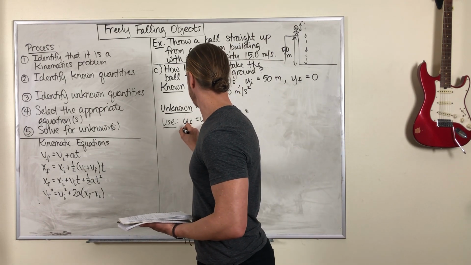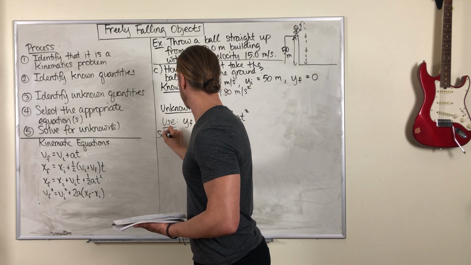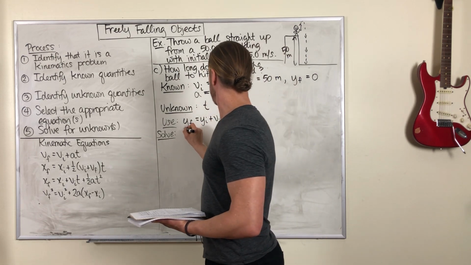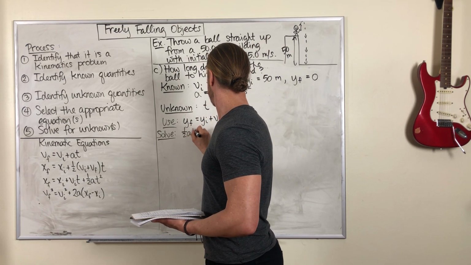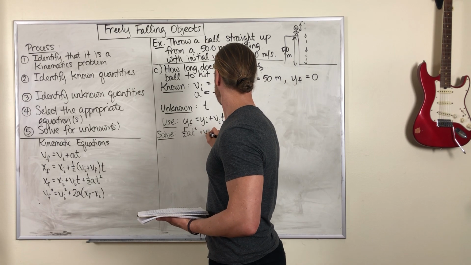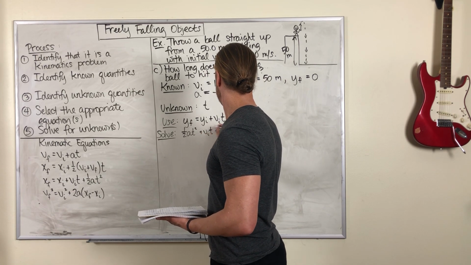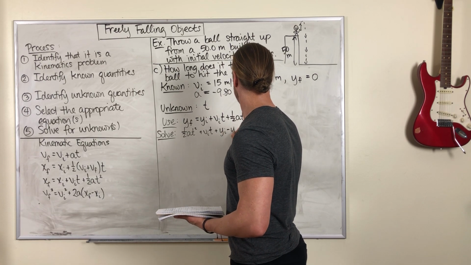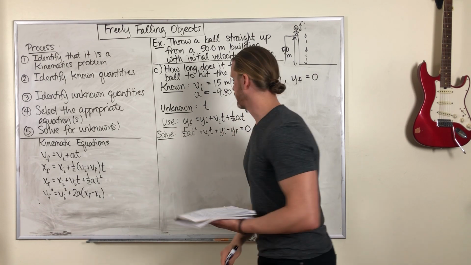I'm going to rewrite this. So here's our process for solving. I'm going to rewrite this equation: 1/2 at squared plus v initial t plus y initial minus y final equals 0.